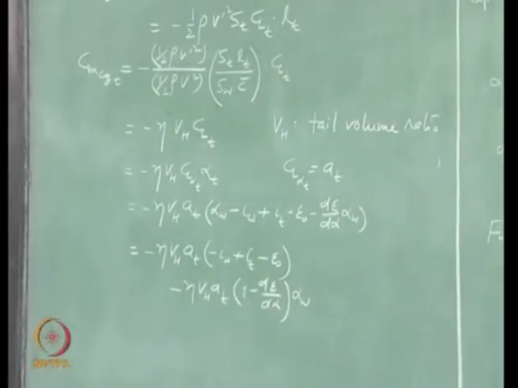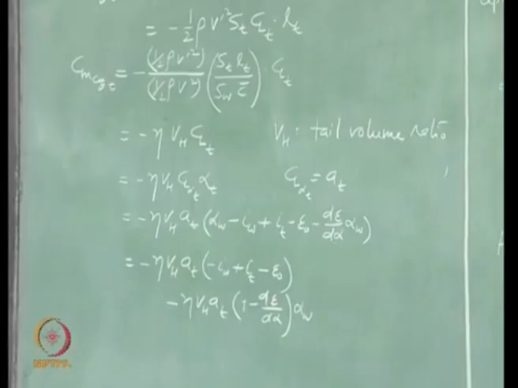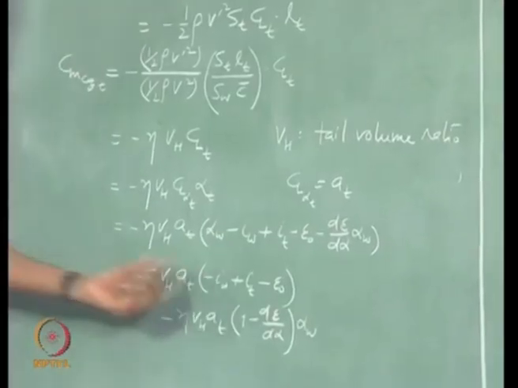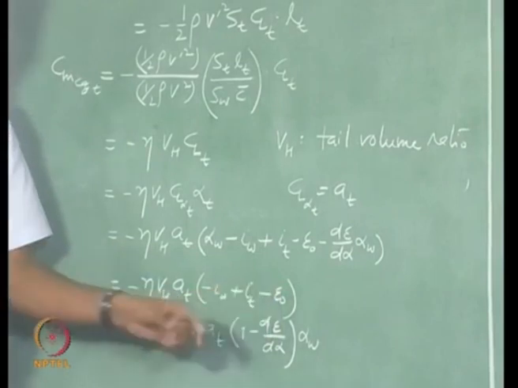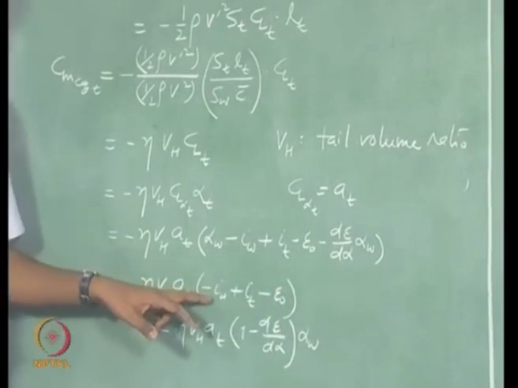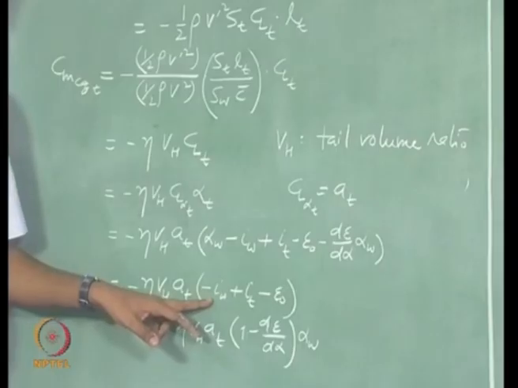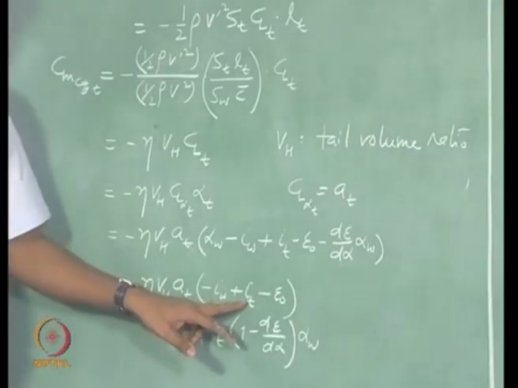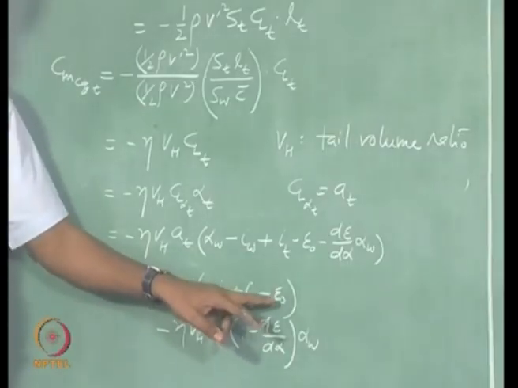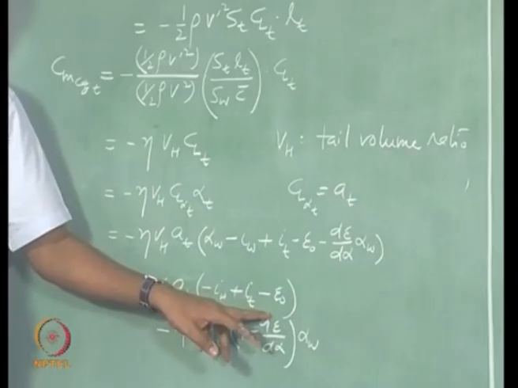Right. So, all these quantities here are fixed, right. So, you can fix your wing incidence with respect to the fuselage reference line, IT tail incidence and this epsilon naught, right.